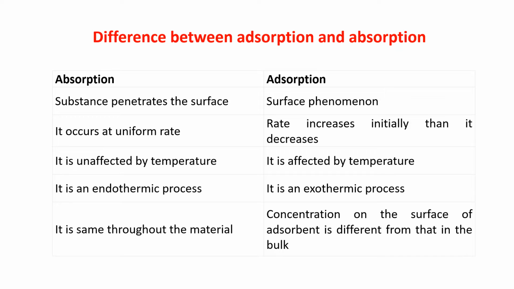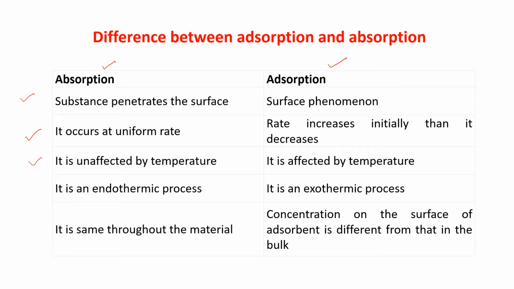Difference between adsorption and absorption. See here, the first one is absorption and the second one is adsorption. In absorption, the substance penetrates the surface; adsorption is a surface phenomenon. Absorption occurs at a uniform rate. For adsorption, the rate increases initially, then it decreases.